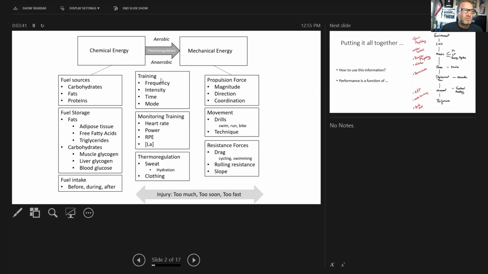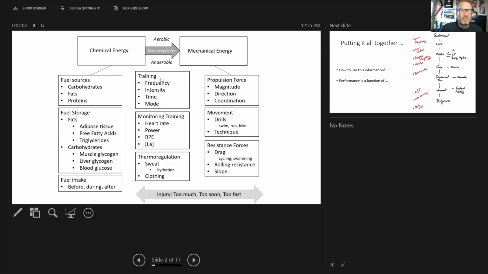We have talked about heart rate response during training. We haven't talked too much about power. That actually starts to move more towards our biomechanics of endurance performance class. But we have mentioned terms like aerobic power or anaerobic power.